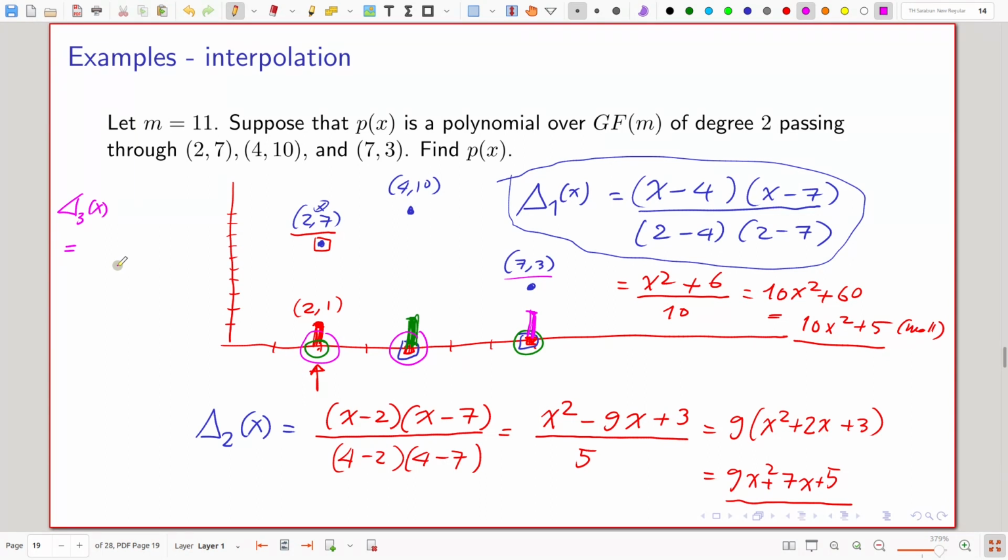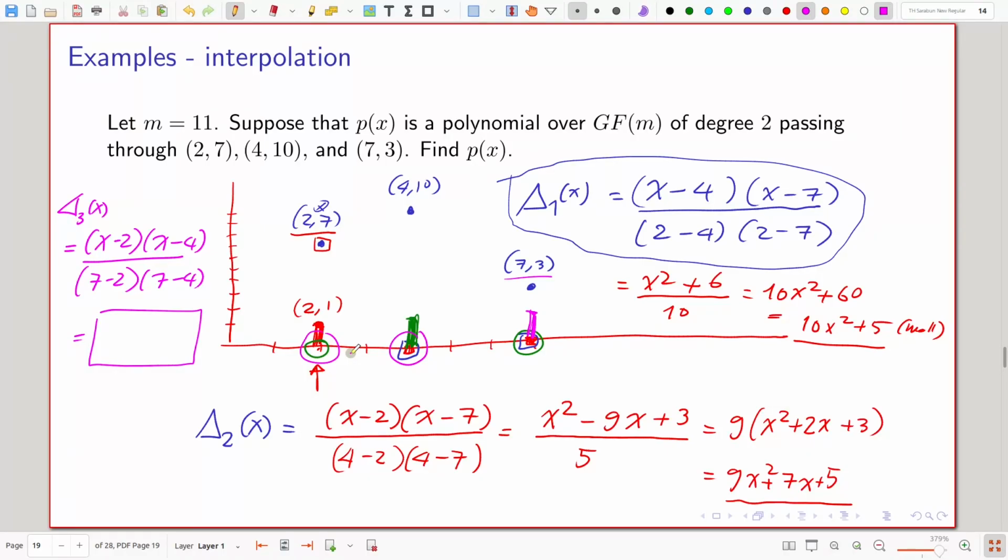I'll let you do that, but let's see. Okay, so delta 3 is going to be 0 at these 2 points. So it's going to be x minus 2 times x minus 4. And it's going to be 1 here at 7. So it should be divided by 7 minus 2 times 7 minus 4. And then you should simplify, and then you get another polynomial. Okay?